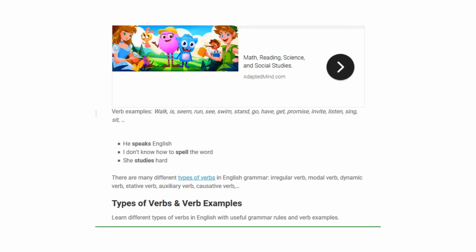So we have examples: he speaks English. Speaks is a verb. I don't know how to spell the word. She studies hard. So there are many different types of verbs in English grammar.